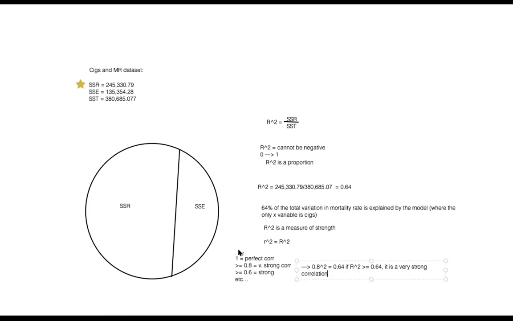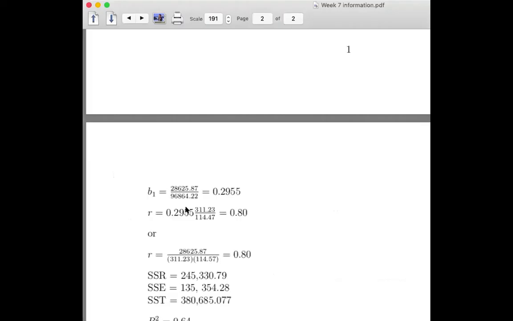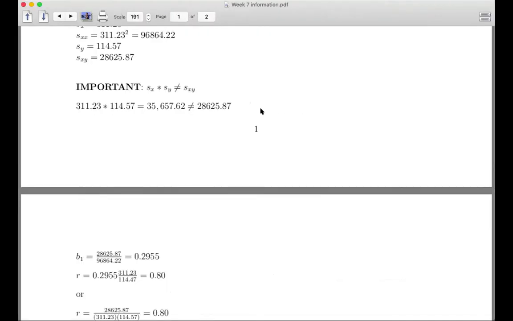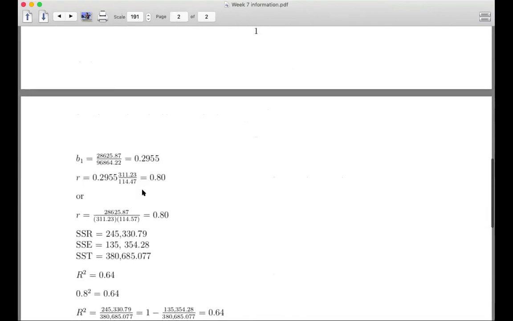One more thing I'm going to say: by looking at Pearson's R first, if you have already determined that with Pearson's R, because remember it was 0.8, it was on the PDF file, we already determined that Pearson's R was 0.8.